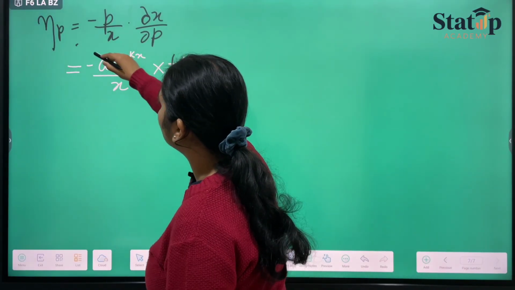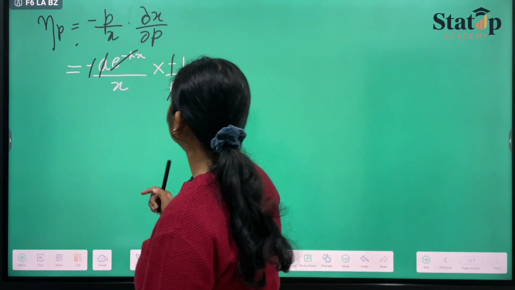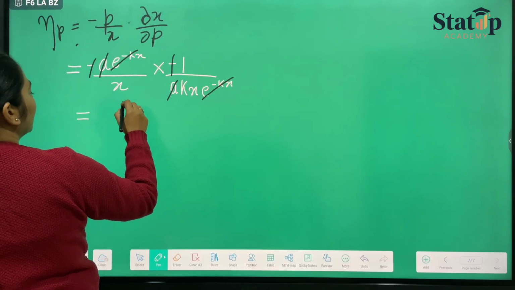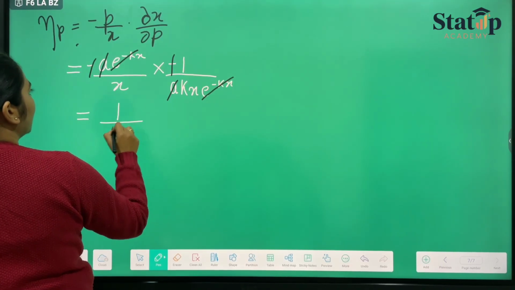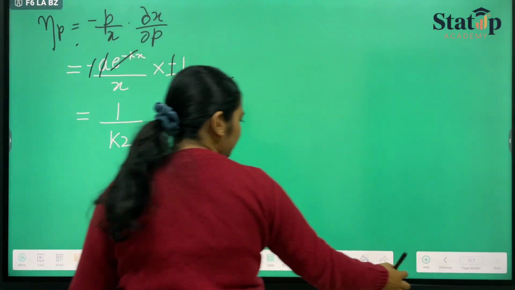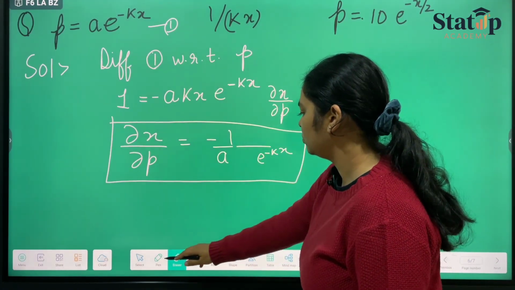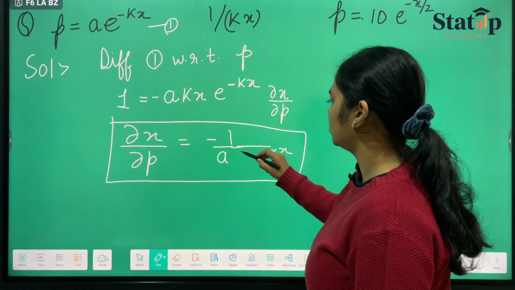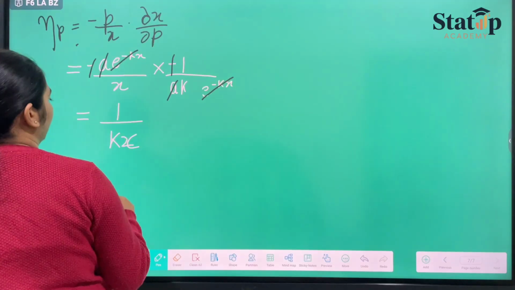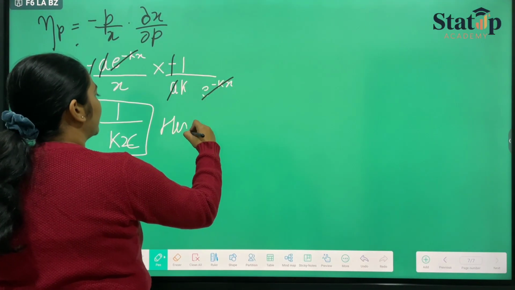This minus and this minus will get cancelled. A will get cancelled with this, and e raised to the power minus kx gets cancelled with this. So we will get 1 upon kx, which we had to prove, and it has been proved here. We can write hence proved.